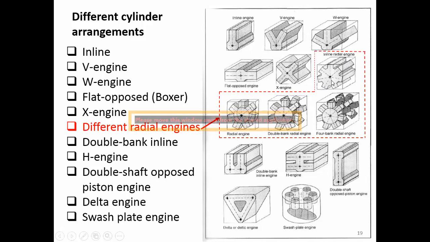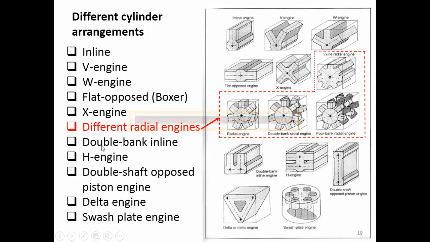So you can imagine this is more than 10 or 20 cylinders altogether. You can have a radial engine with just one line of one cylinder per radial, not many cylinders per radial. You have a double bank radial, which means you have two radials attached to each other, or four banks, where you have four radial engines altogether.